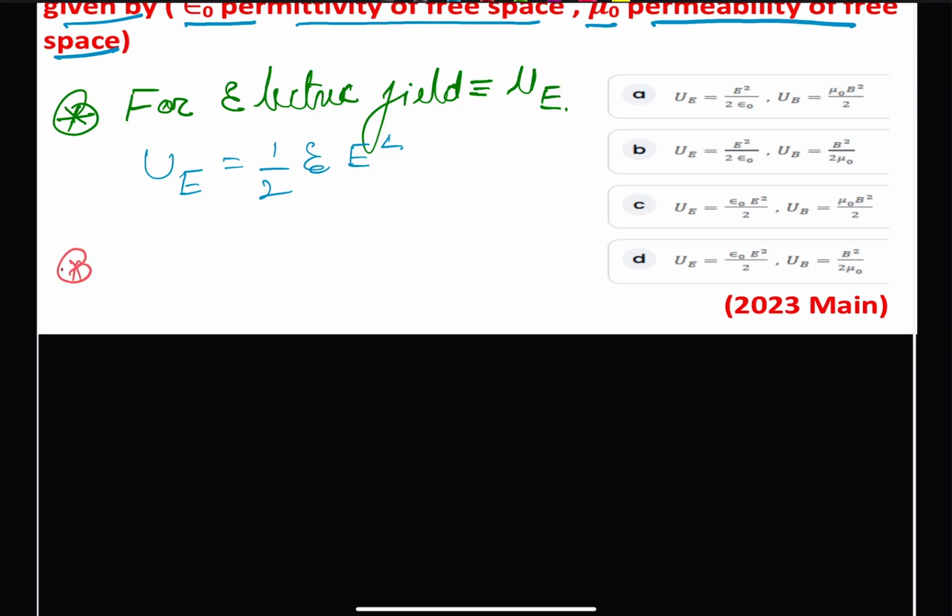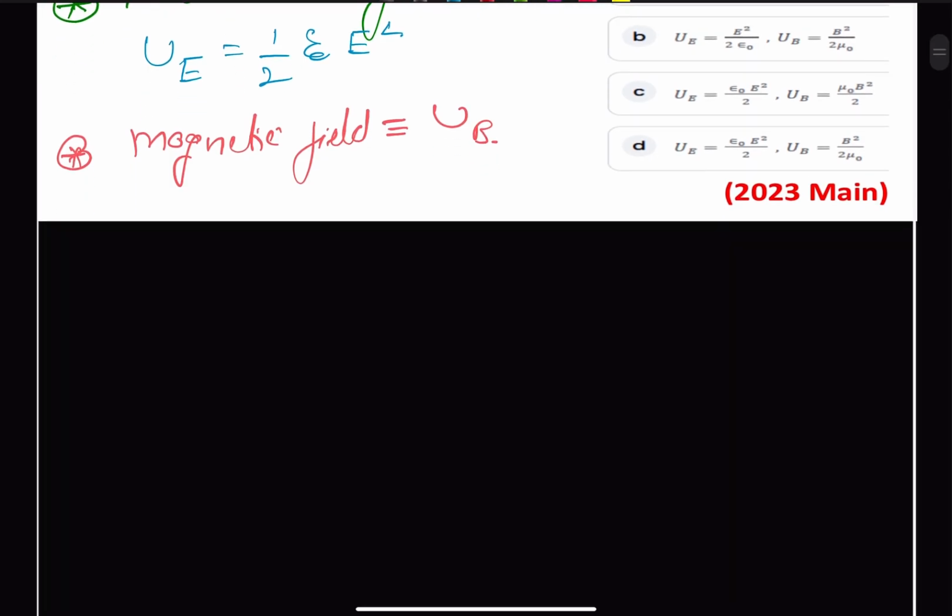And next is our magnetic field. If that is given as U of B, then U of B will be equal to half B square upon mu naught.